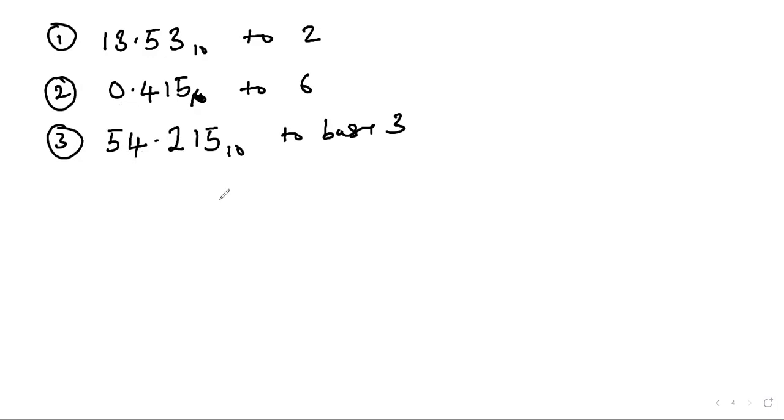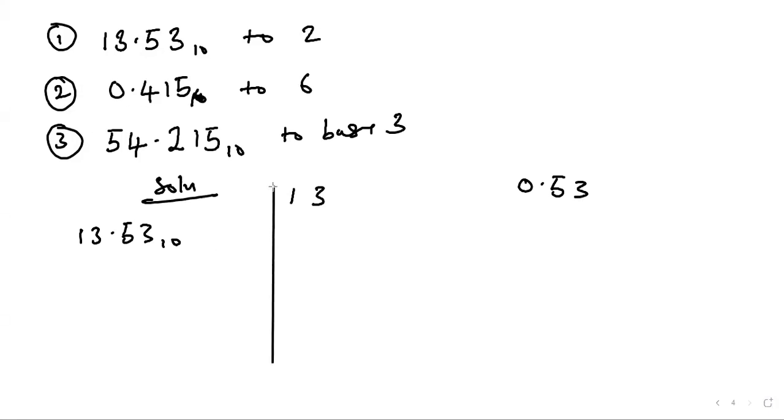Okay, if you have done that, let's see if your answer relates with mine. So for the first one, I have 13.53 base 10. I'm going to split it into 2. I'll do the whole number part differently and the decimal part differently. I draw my line there.